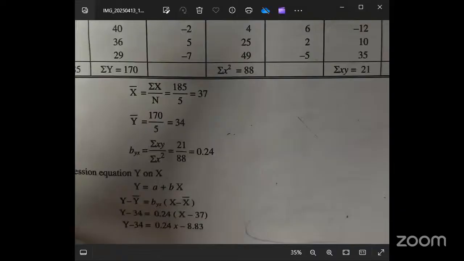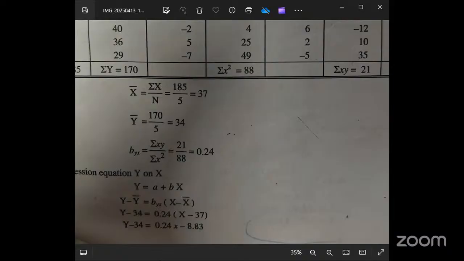We need to simplify this equation again. What will be y? y equals 0.24x plus 8.83. We'll see what next, how we can simplify the y.